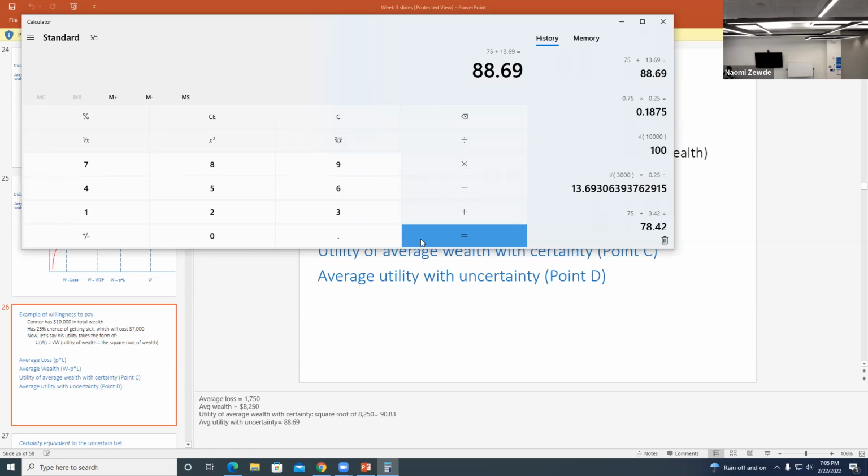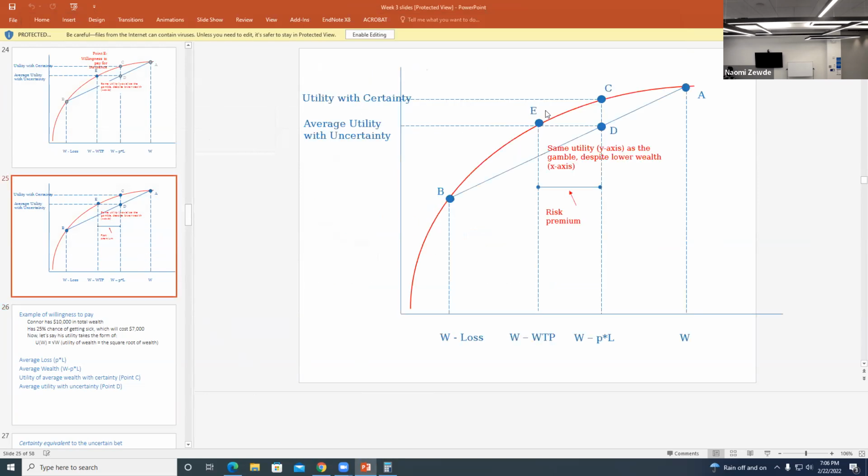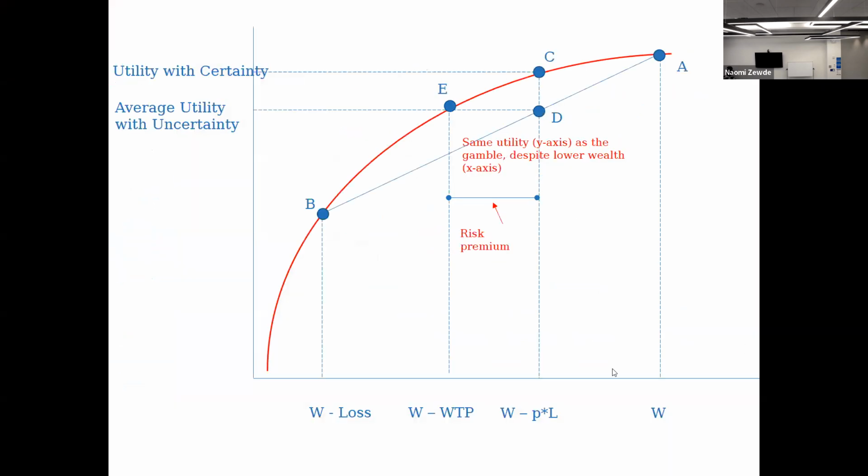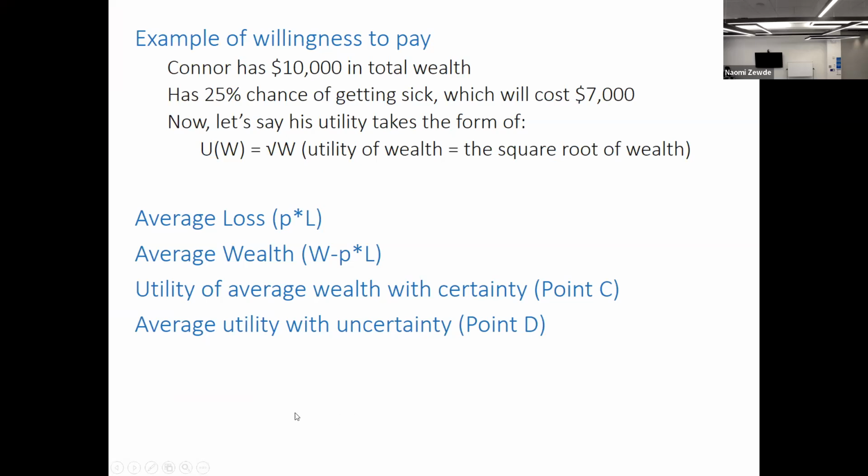So we have 88.69 instead of 90.83, this point D. The same actuarially fair bet, the same probability and loss, but the utility is lower at 88.69 than the other one, 90.83. So that's point C and point D.